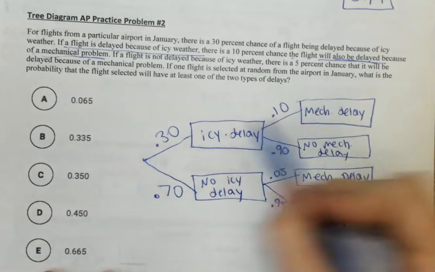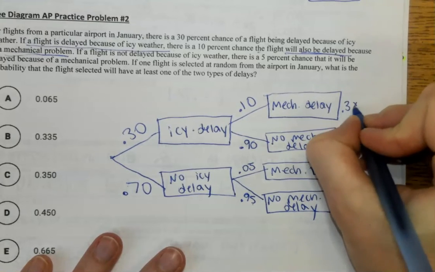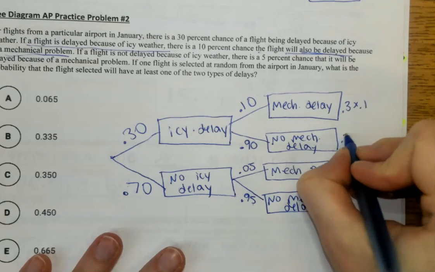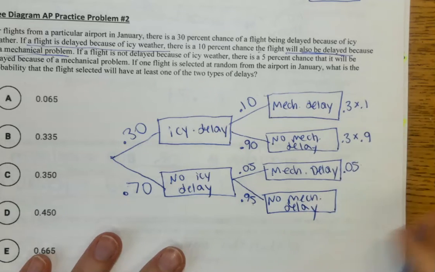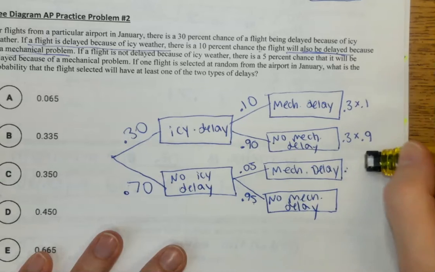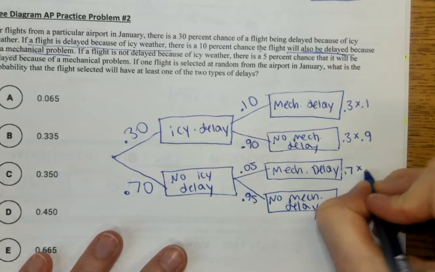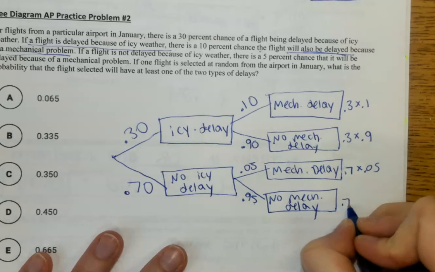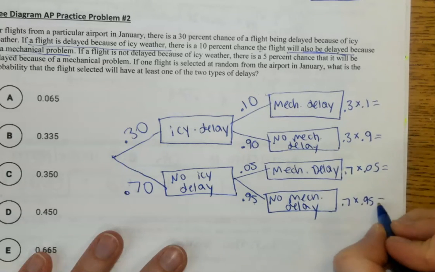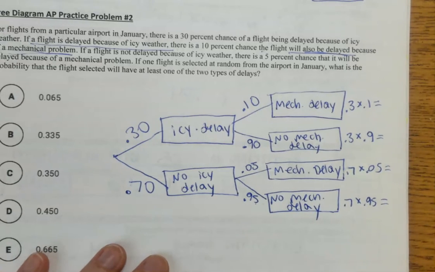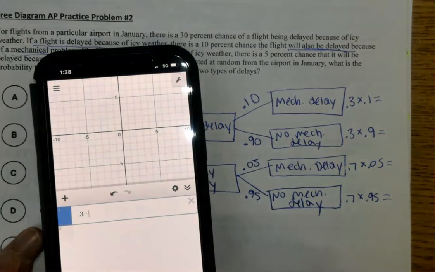All right, now let's go ahead and multiply across to get my 4 scenarios to make sure we did the calculations right. 0.3 times 0.1, 0.3 times 0.9, 0.7 times 0.05, and 0.7 times 0.95. All right, I'll go ahead and put those in the calculator. And remember, I check myself by seeing if they add up to 1.